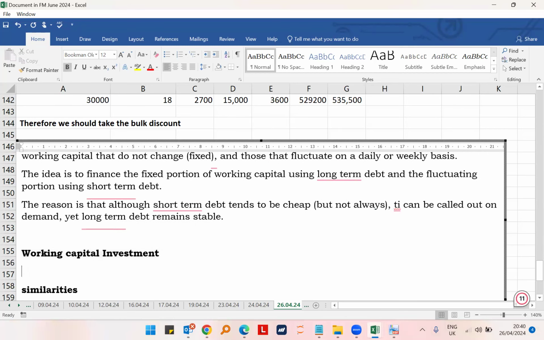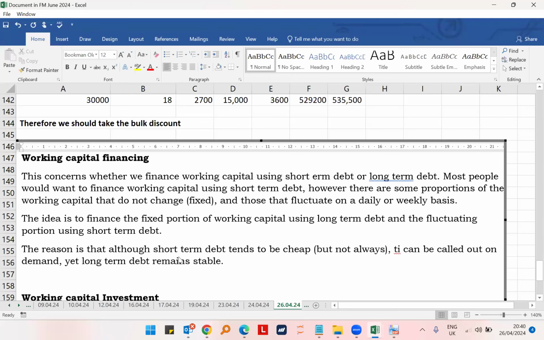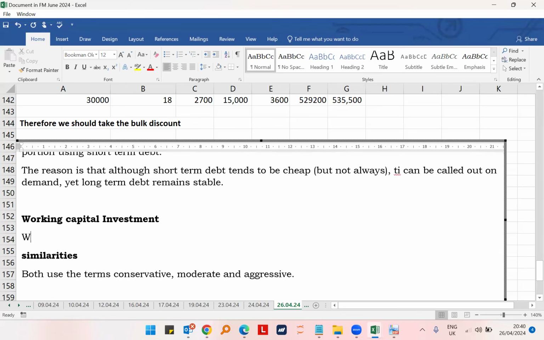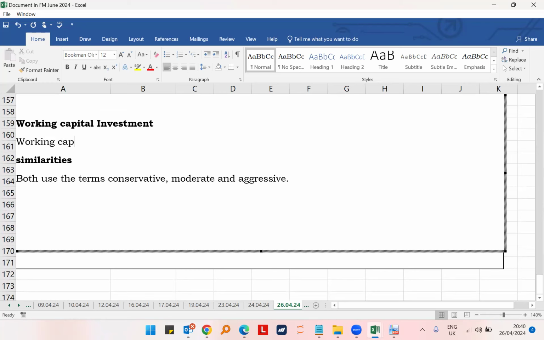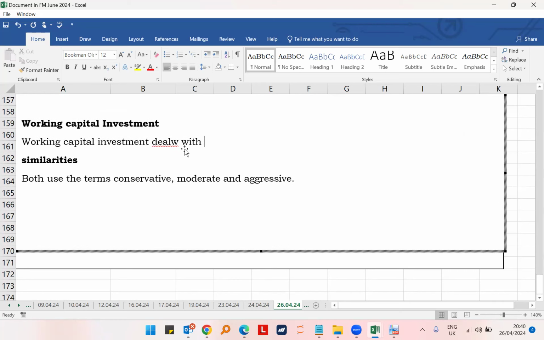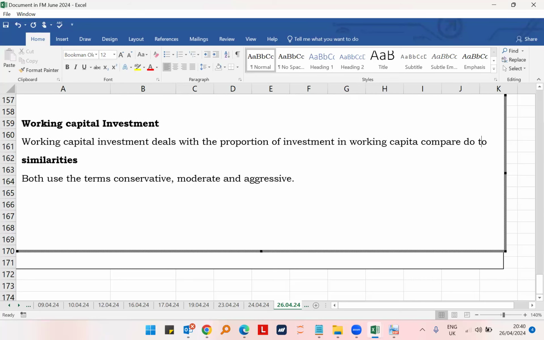Now, working capital investment deals with the proportion of investment in working capital compared to total assets.